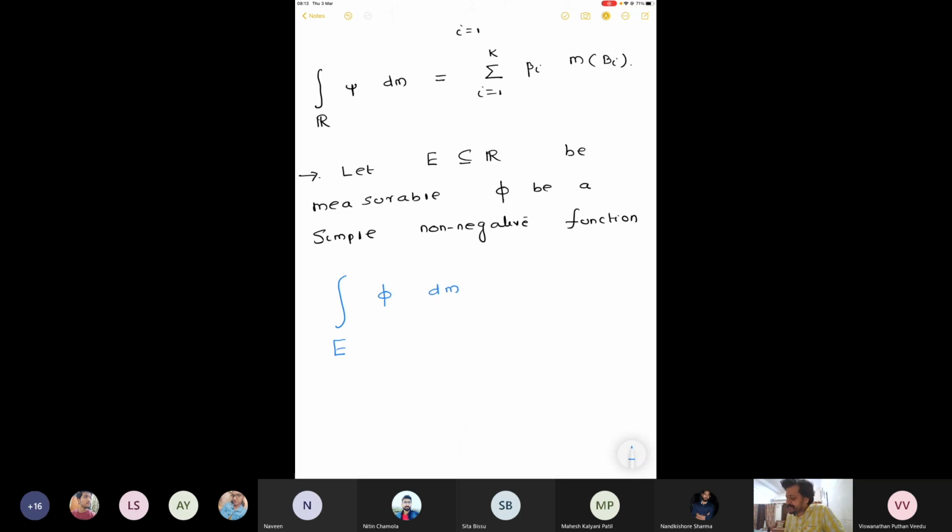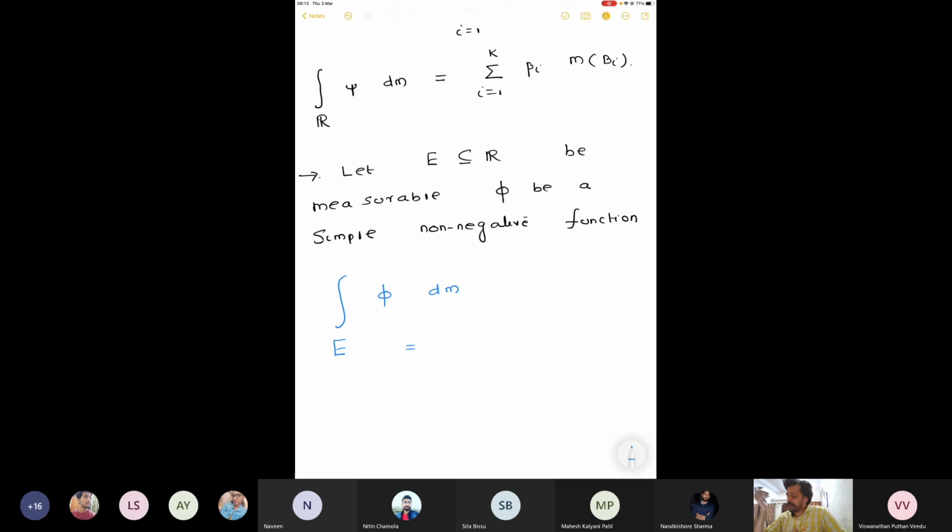There are a variety of ways to do that. One is to think about a measure space based on E. Right now we have R, a sigma algebra on R, and a measure on that sigma algebra. Instead of working on R, you work on E by taking its restriction. That is one way.